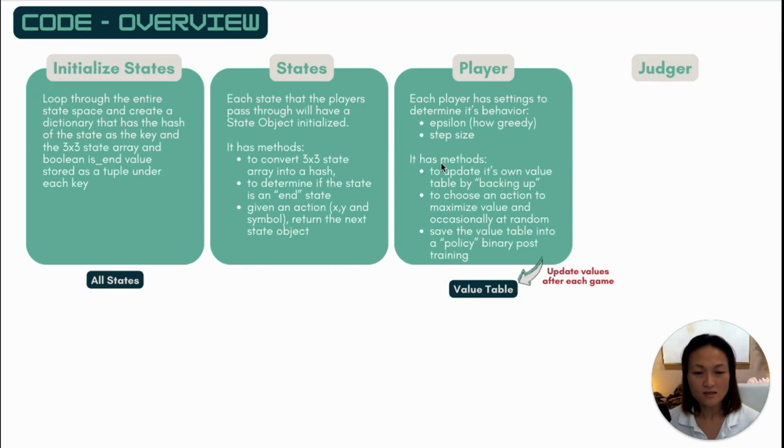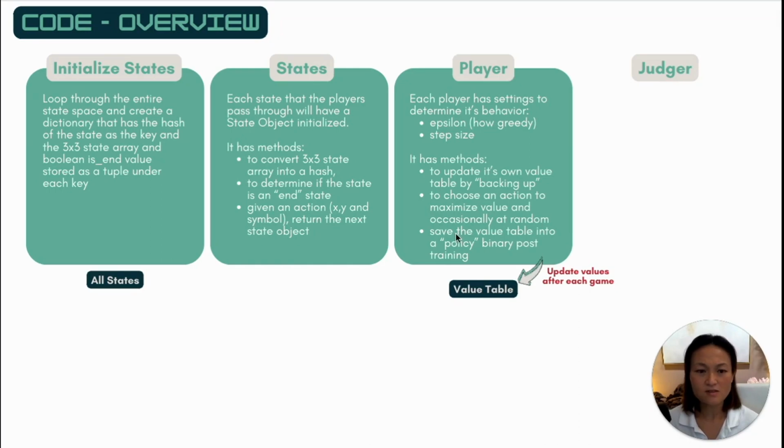It also has a number of methods. So it can update its own value table by backing up the states after it receives a reward at the end of a game. We'll see this in more visual ways in a second. It also has a method to choose an available action that maximizes the value, or if it's epsilon-greedy behavior, occasionally it will select the action at random.